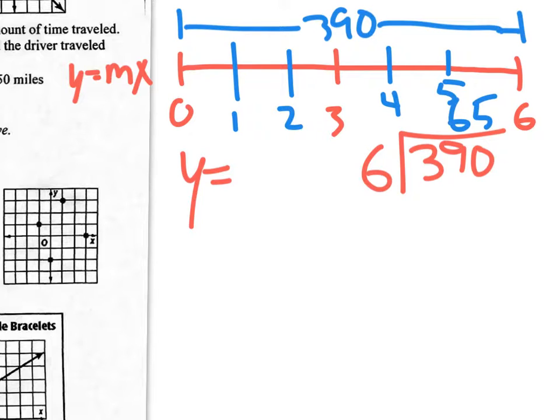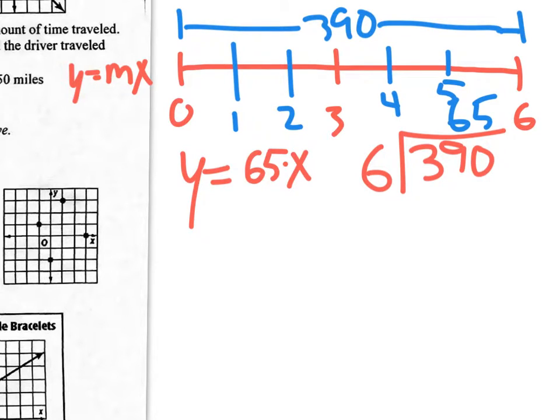So the equation would be y equals 65 miles per hour, so you could say 65 times x, where x is the hours. Does that make sense? After 1 hour it would be 65. After 2 hours it would be 2 times 65. After 3 hours it would be 65 times 3, and so on.